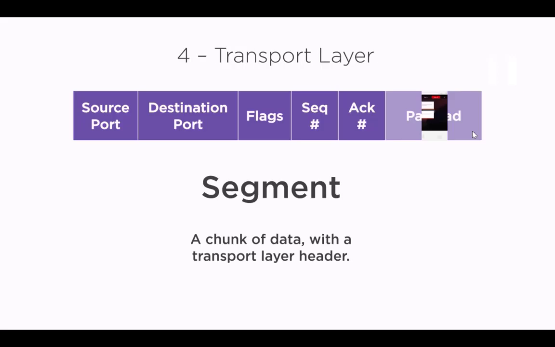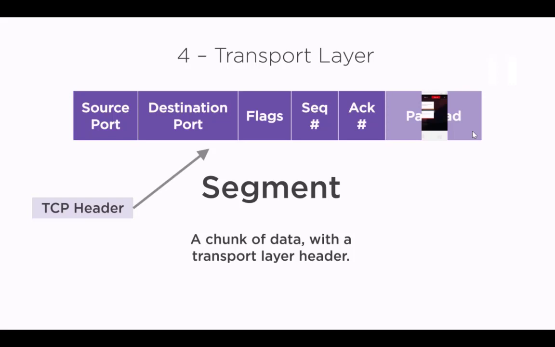In the transport layer, we have a chunk of data with a transport layer header. Each layer in data communication has a specific header which is added to the start of the previous layer's data. At the transport layer, the data is called a segment. What is a segment? A chunk of data with a transport layer header is called a segment.